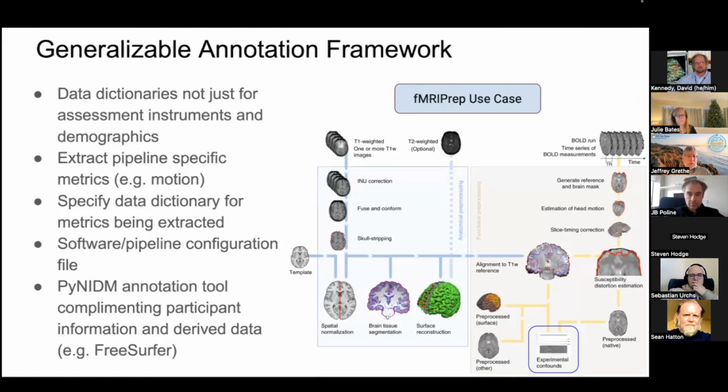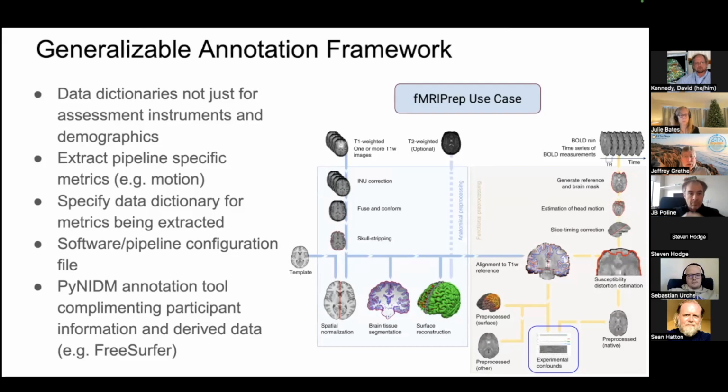One of the things that we want to enable, building off the construction of the semantic data dictionary for the subject assessments, but also what I had previously mentioned in terms of the generation of annotations based on derived data, for example, the FreeSurfer segmentation results. These data dictionaries can also be used to describe this derived data in a more general way.